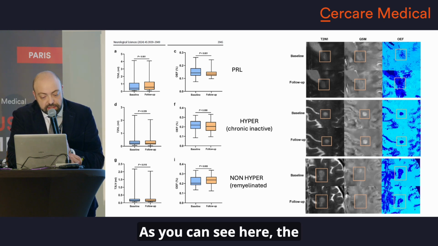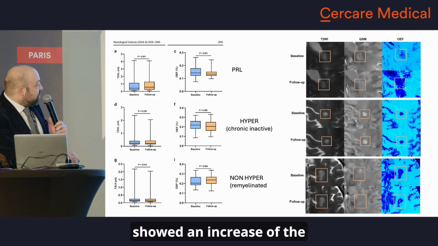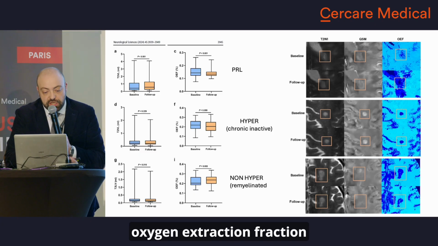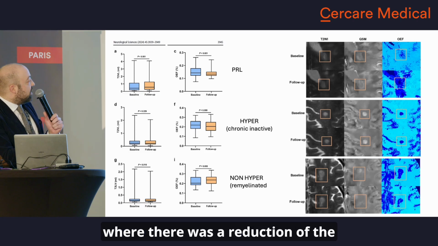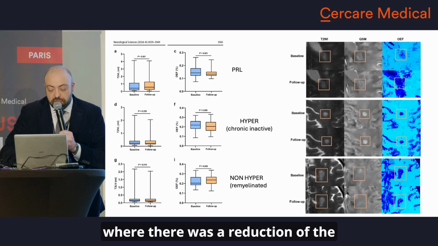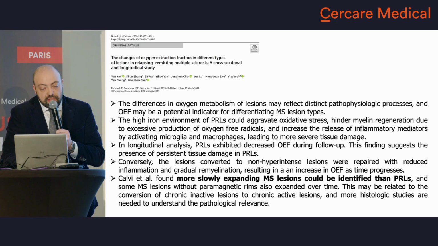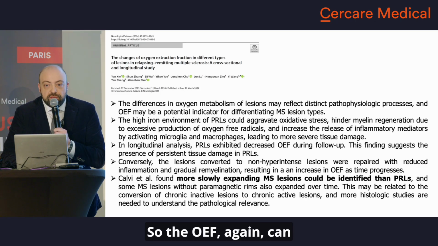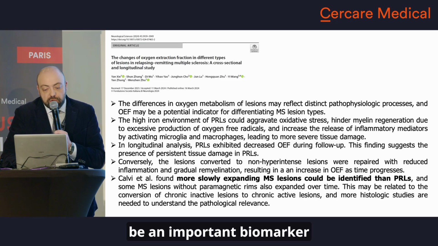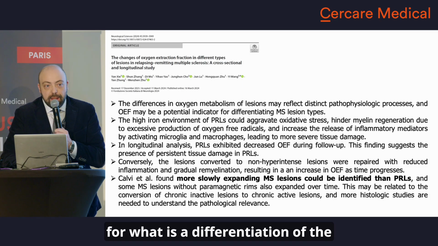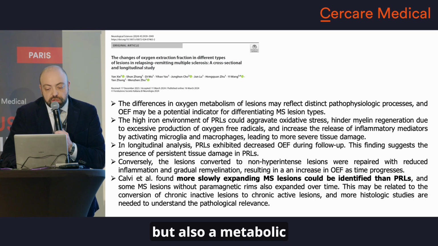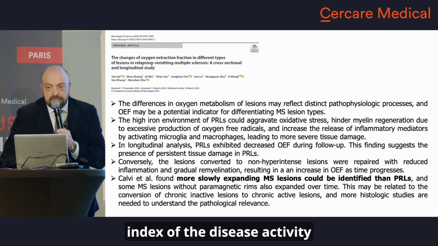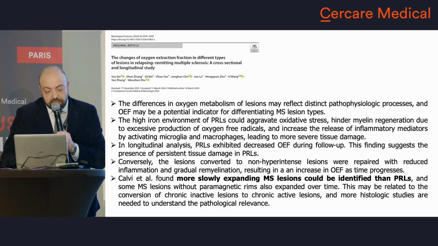As you can see here, the lesions with remyelination showed an increase of the oxygen extraction fraction compared to chronic inactive lesions, where there was a reduction of the metabolism of the lesion. So the OEF, again, can be an important biomarker for the differentiation of multiple sclerosis lesions, but also a metabolic index of the disease activity and the tissue damage.